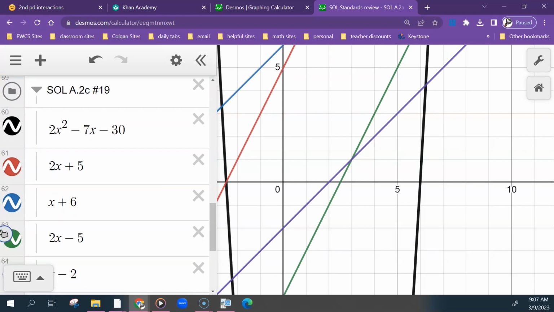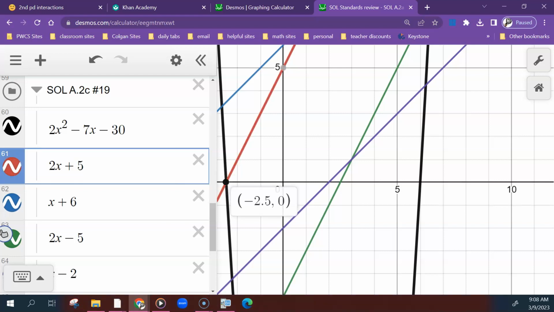The black one is the one we're looking at, and we're looking for which of the lines given go through the black line at the x-axis, and there's only one of them. And it would be that red line.